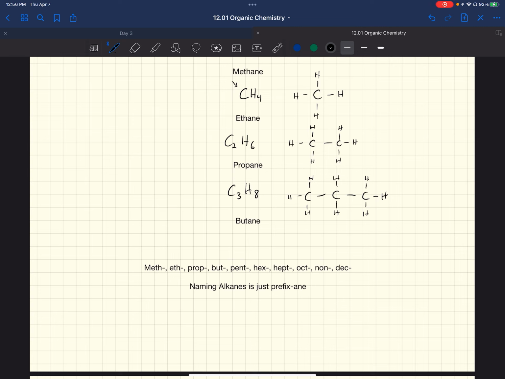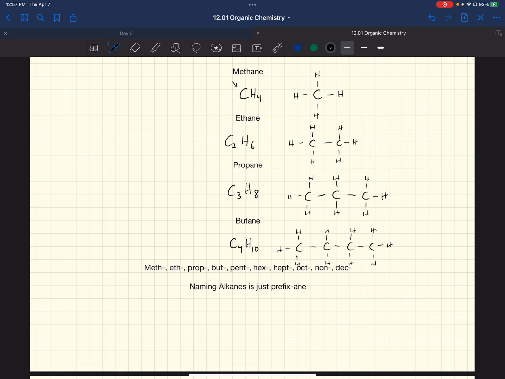And then butane. Why don't you pause and see if you can do butane? So butane is going to be a 4 carbon chain with hydrogens all around it. And that'll be C4H10.